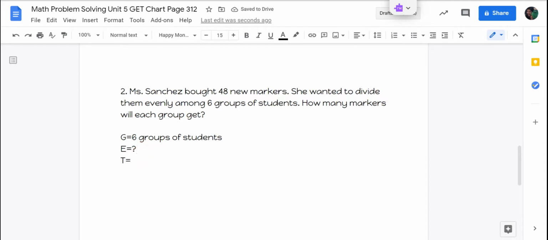But I know it's going to be markers based off my question. How many markers will each group get? And again, there's that word each right there cluing me in. I'm probably talking about in each. Total. Do I know the total? Nick, what's the total? So what my total is, what am I starting with? 48. So I've got 48 markers and I'm splitting them up into groups.